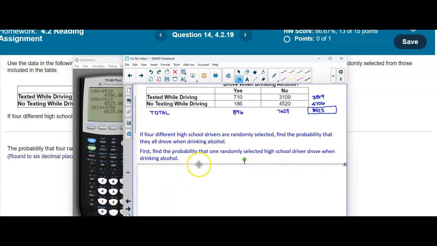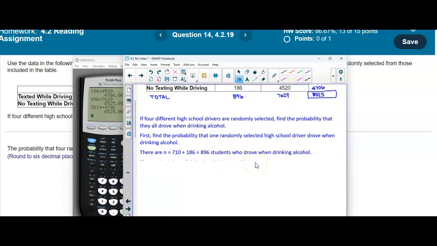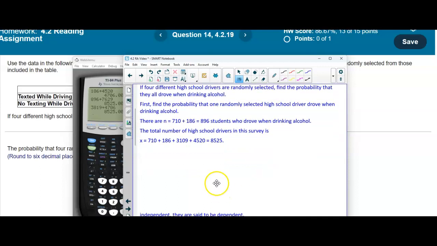So we want to first find that. In order to do that, we decide that the value of n, or the column that we're looking for, is 710 plus 186, which gives us 896 students who drove when drinking alcohol. And the total number of high school drivers in this survey is adding up all these numbers, which we get the total of 8,525, which we've already done.